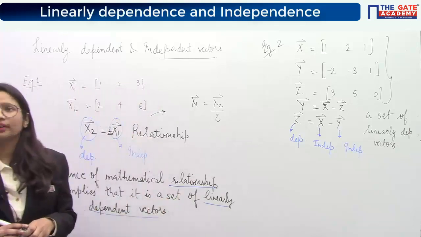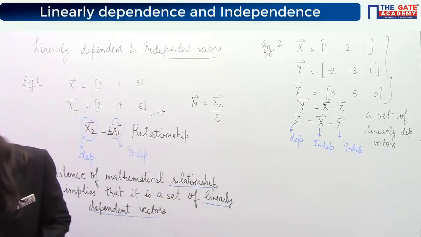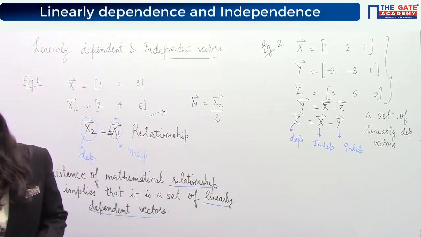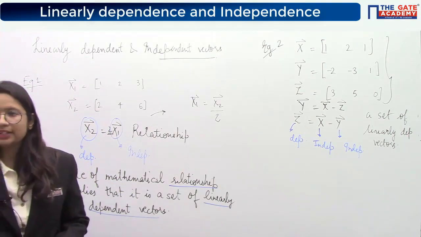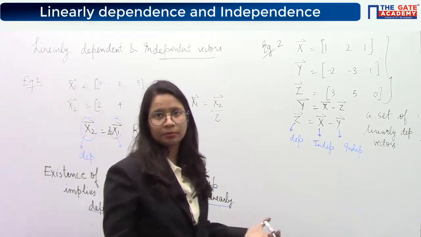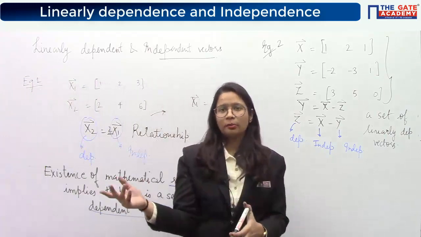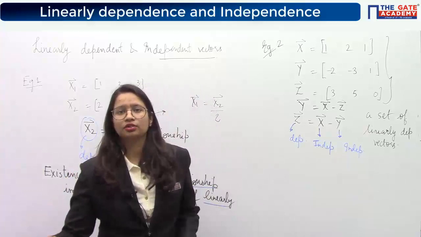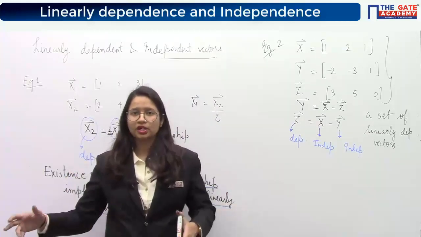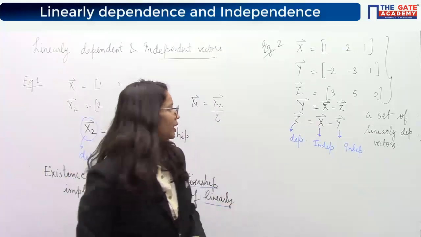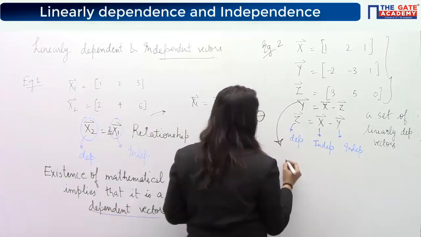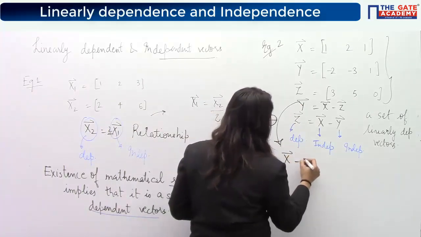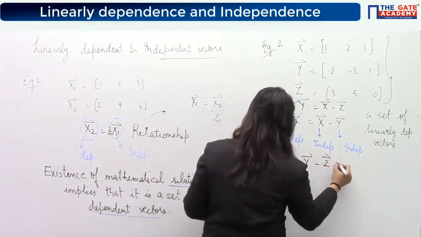So now if I generalize this to n number of vectors, then the condition of dependency will be, if you find any relationship among the vectors and generalize it, it comes out to be k1 x1 plus k2 x2 plus k3 x3, all summation equal to 0. Similarly, in this case you can write x minus y minus z equal to 0.